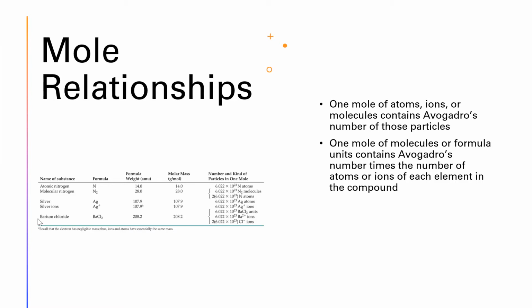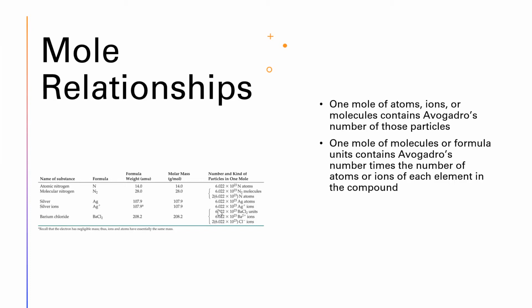This is another example, barium chloride. Barium chloride has formula BaCl2 with the formula weight 208.2 and the molar mass is 208.2.